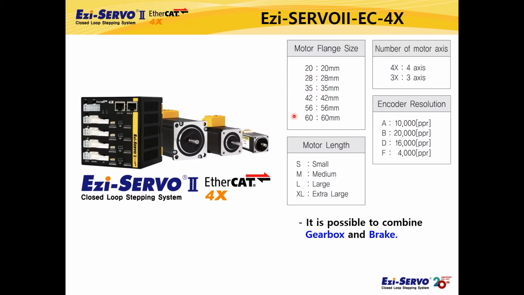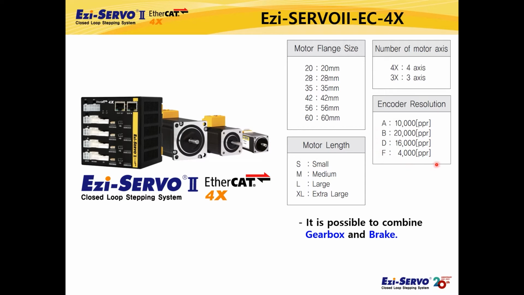You can select the motor from a NEMA 8, 20mm size motor to a NEMA 24, 60mm size motor. Motor length is the length of the motor body excluding the motor shaft, and you can select small, medium, large, and extra large length. The length you can select depends on the motor size.